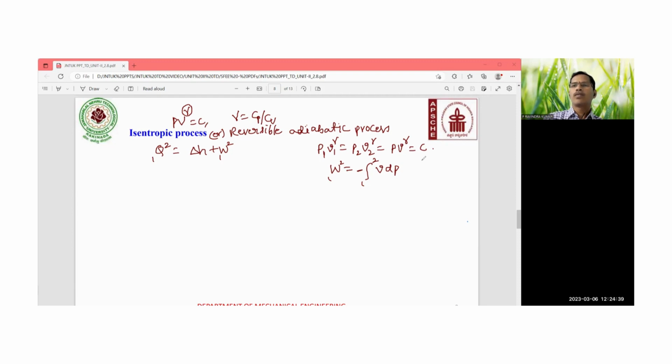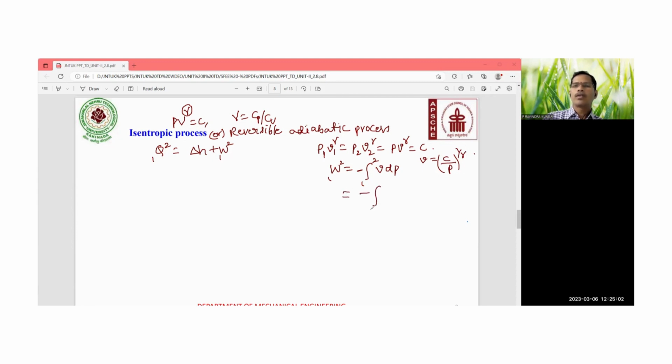So what is this V? V is nothing but equal to C by P to the power of 1 by gamma, right? Then you have to substitute that one.